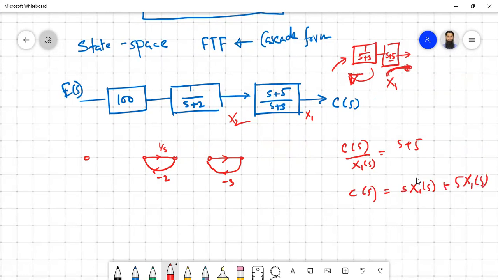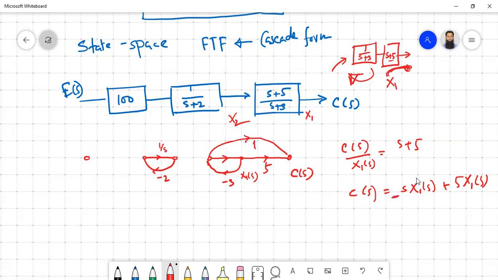So 5x1 goes to the output, and also the feedback from the derivative of it, with a gain of 1 because the coefficient here is 1.